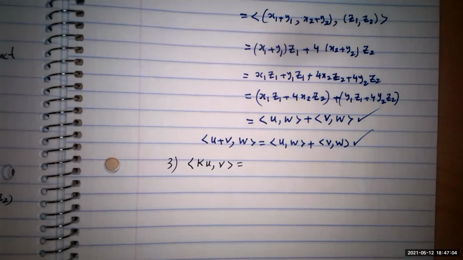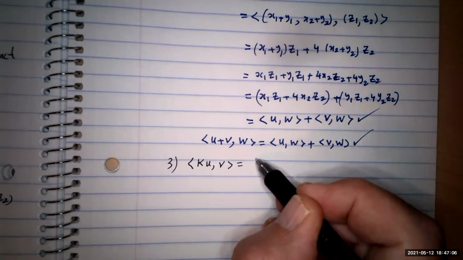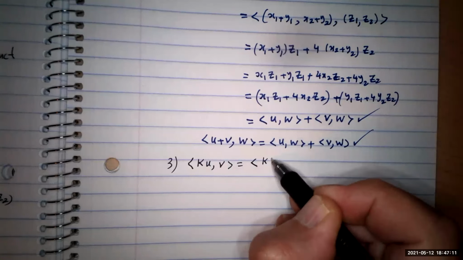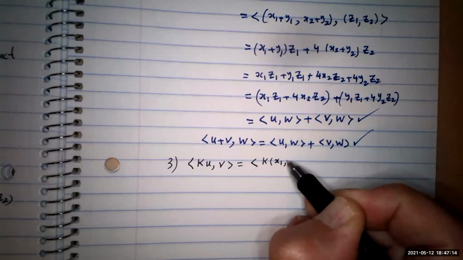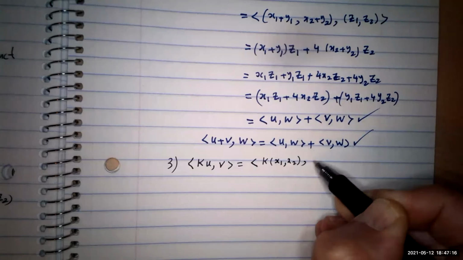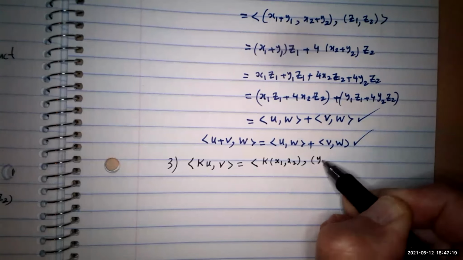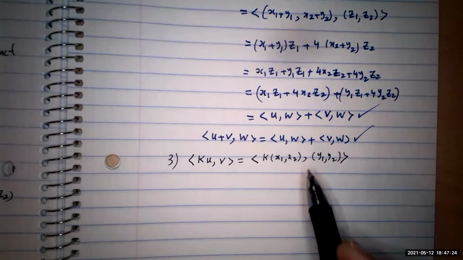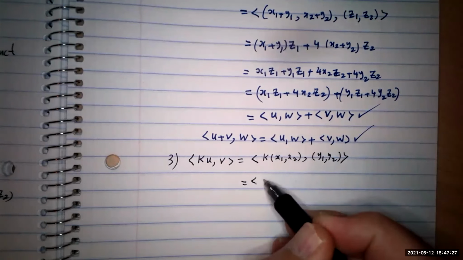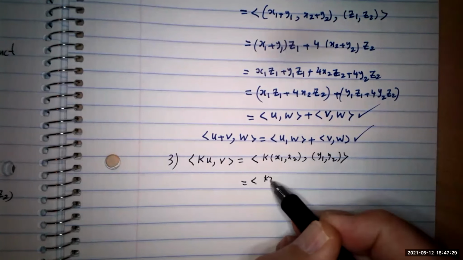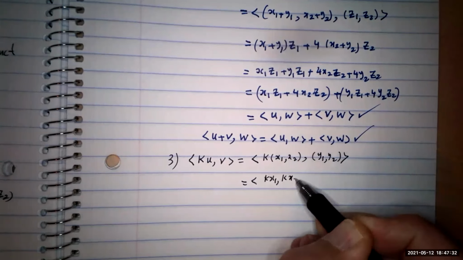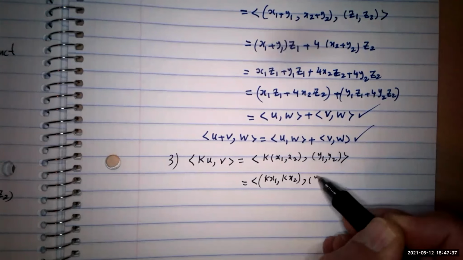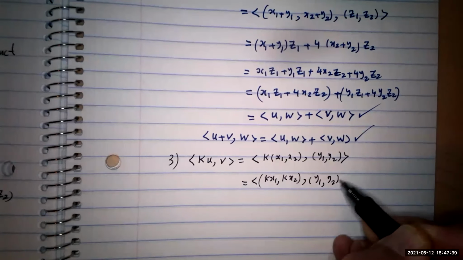With u being x1 comma x2 and v being y1 comma y2, this is just scalar multiplication of a vector, so it becomes kx1 comma kx2, and you have y1 comma y2.